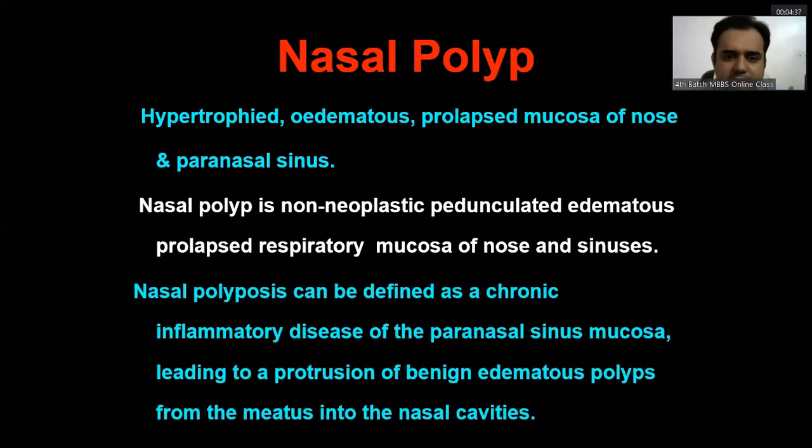Or nasal polyposis can be defined as a chronic inflammatory disease of the paranasal sinus mucosa leading to protrusion of benign edematous polyps from the meatus into the nasal cavities. Mostly the terms are similar everywhere. Protrusion, prolapsed, it should be edematous, and it is benign or non-neoplastic.